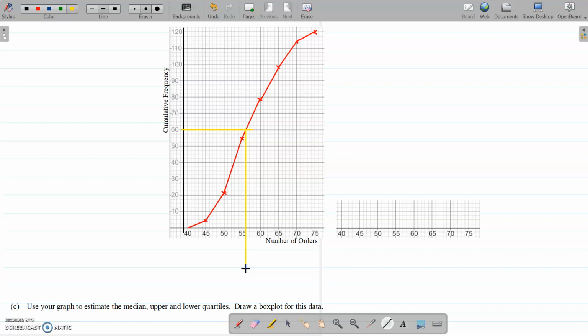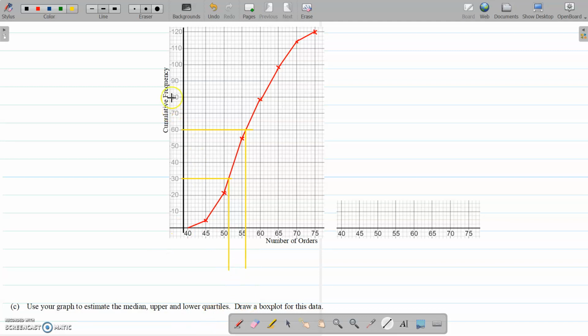Okay, and the upper and lower quartiles. The lower quartile is a quarter of the way through the data. So it's taking me to about there, and then I'm coming down to here, like that.